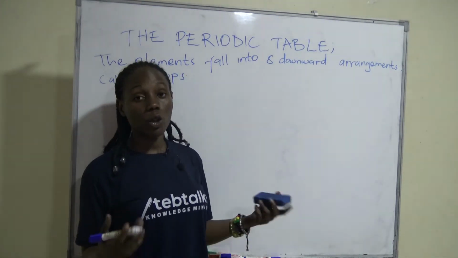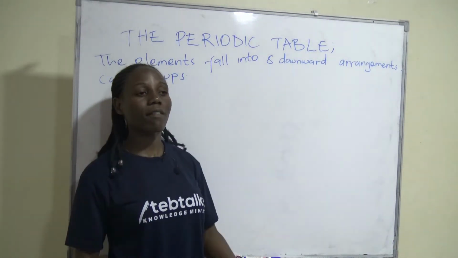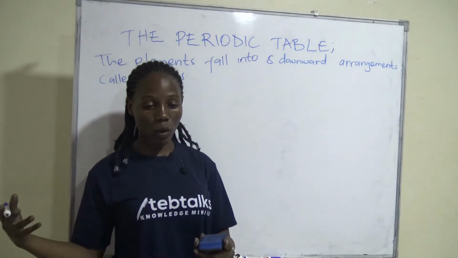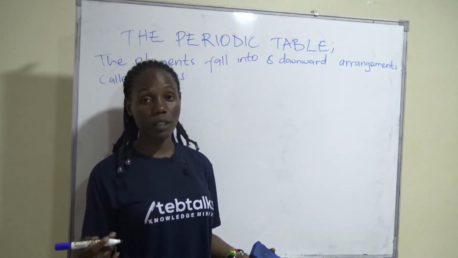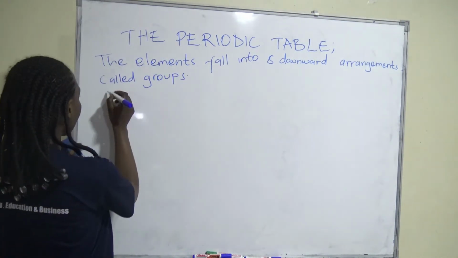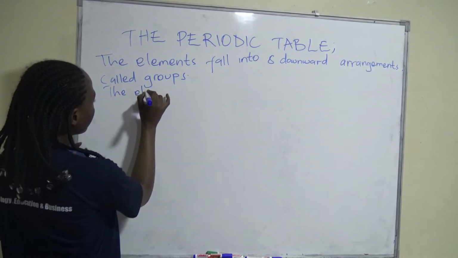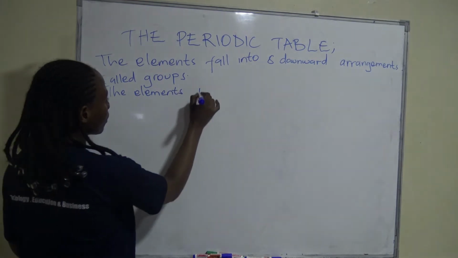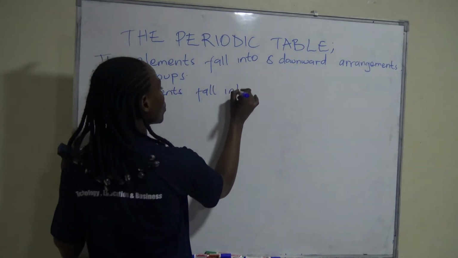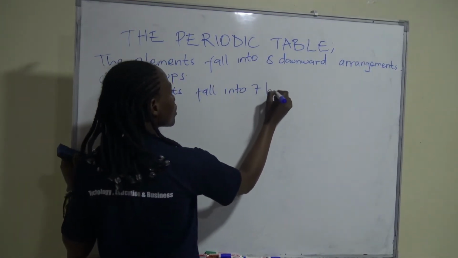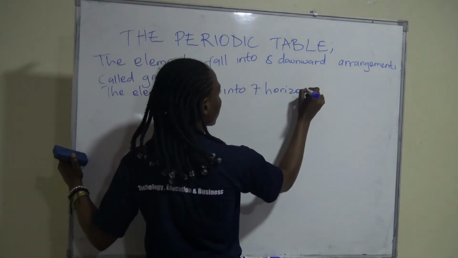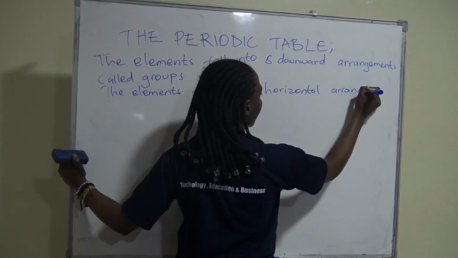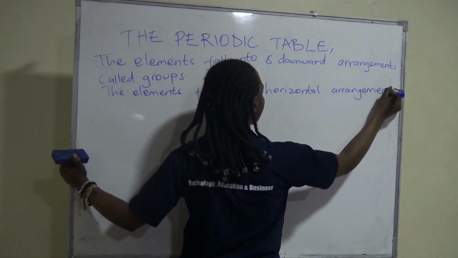Once we have the downward, then we should also have the across movement, the one which is horizontal. The elements fall into 7 horizontal arrangements.